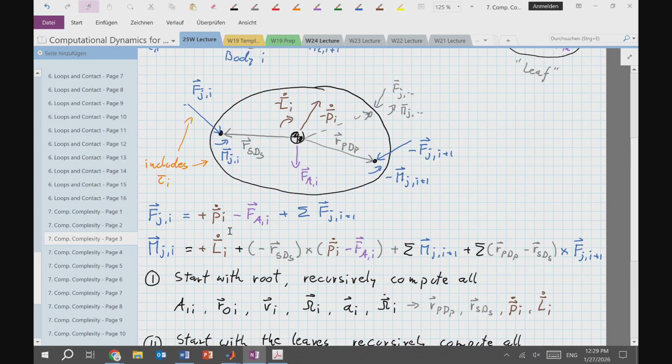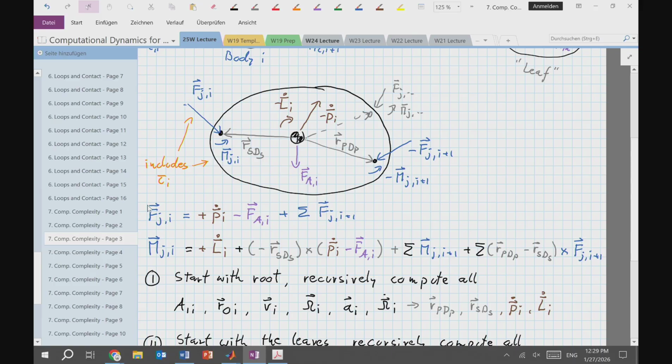And if you look at these equations, right, they're complex, but again, they don't scale. This here is all 3-dimensional. So there's many operations, but none of this scales with the number of degrees of freedom, right?